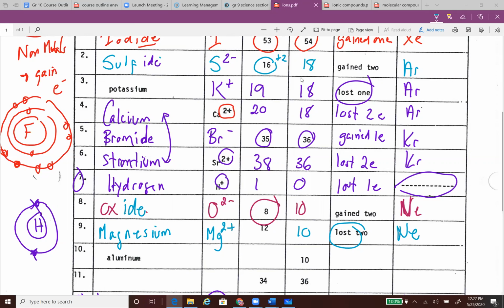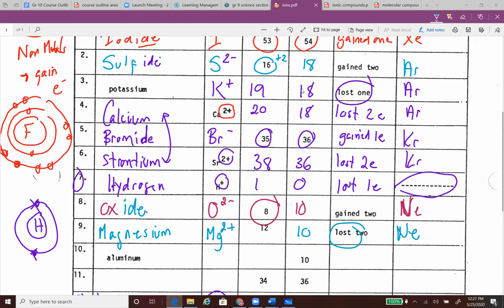So, for example, if I say it's not sulfur but sulfide, that would mean that it picked up electrons. Now you'll see that could actually mean something else.